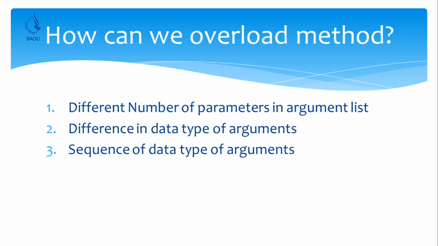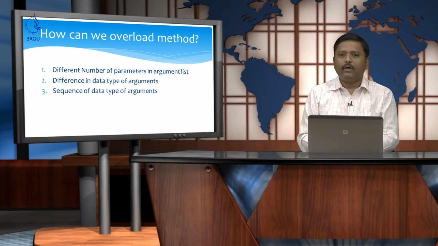The third way is to use a different sequence of data types of arguments. Suppose the parameters and types are the same; we can provide the user with flexibility to provide data in any order.